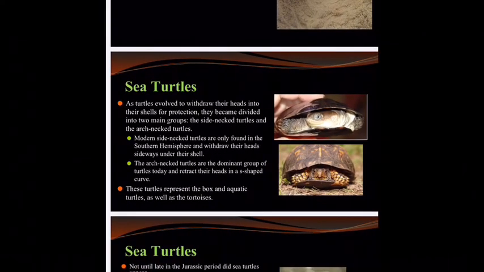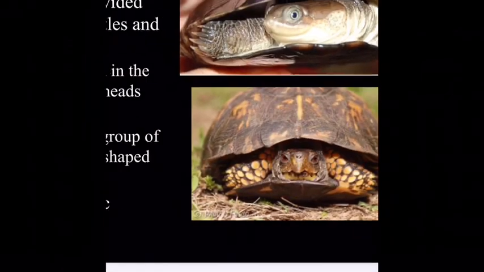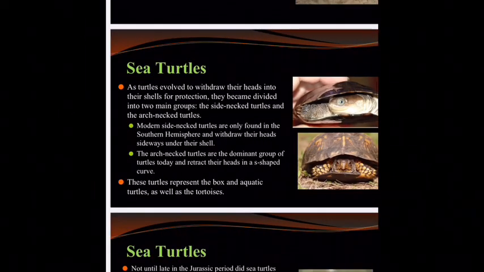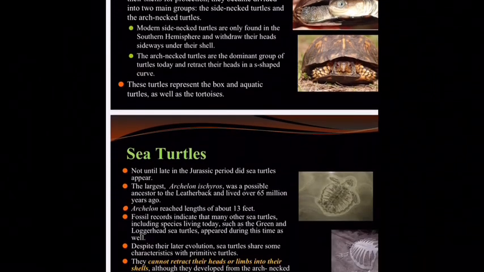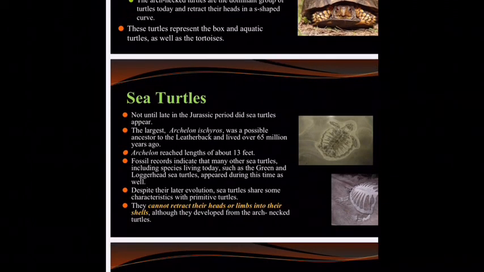And then the other one are the archneck, which are the dominant type of turtles that do retreat their heads back into their shell, like the ones I think we're pretty familiar with. But the one freaky thing about sea turtles is that they can't put their head inside their shell. Like, not at all. Alright, so when did the sea turtles first start to evolve?